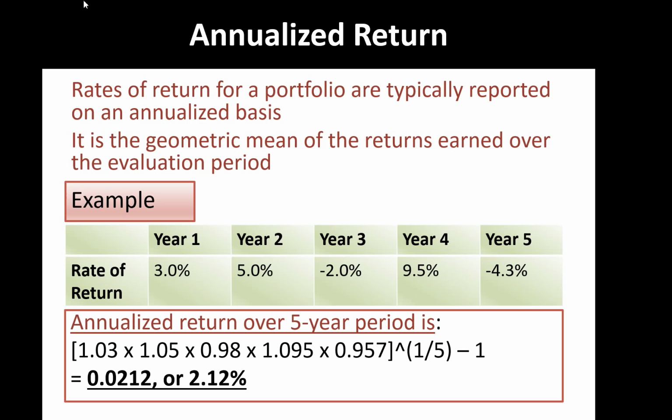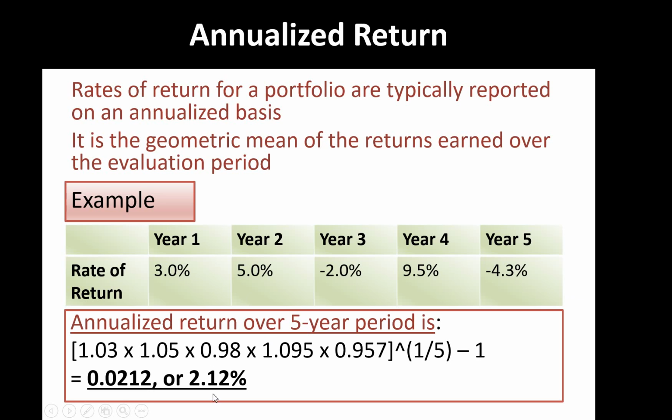Here I'm chain linking these 5 returns, and then I will be taking an exponent to the 1/5 power since there's 5 years here, and then subtracting 1. As a result, I'll end up getting an effective annual return over this 5-year period of 2.12%.